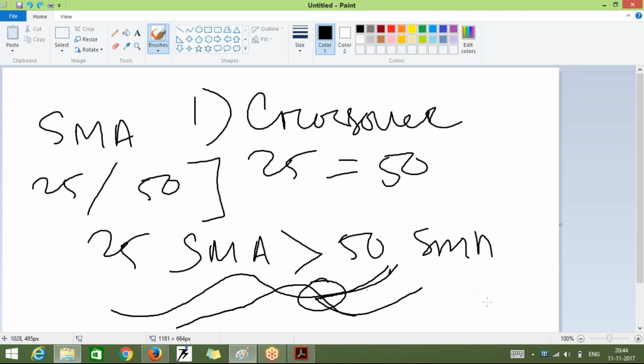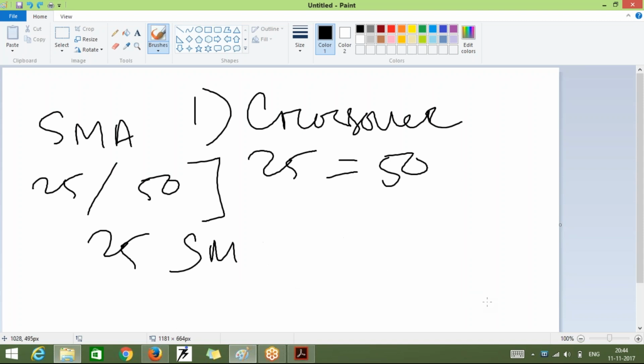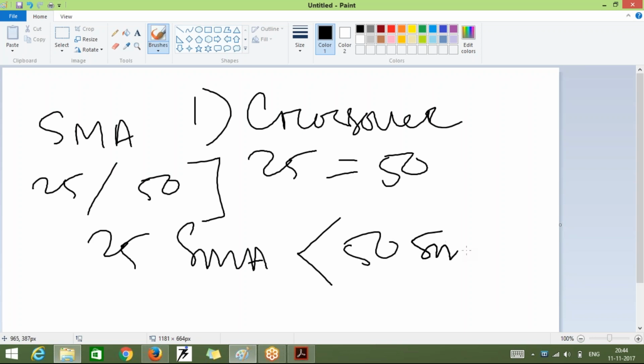It's exactly the reverse. When a 25 period SMA is less than the 50 period SMA, then a sell signal is indicated. This is how it is being done.